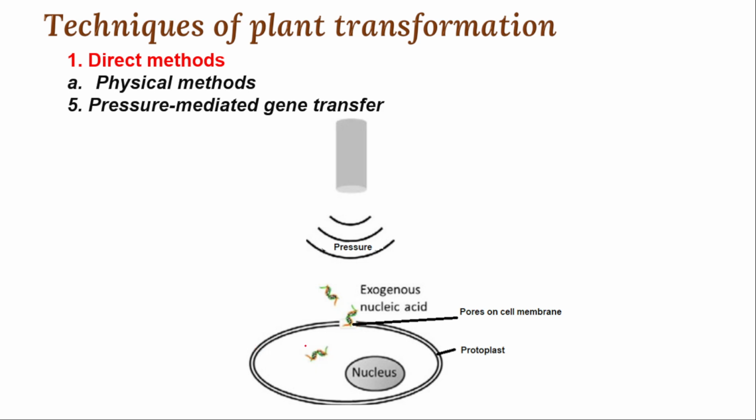Whenever proteins are associated, or even we can make a liposome here. We can make a surrounding of liposome that will enter into the nucleus, and then there is no chance of degradation. In this way we can achieve the gene transfer. This is also one of the rarely used mechanisms.